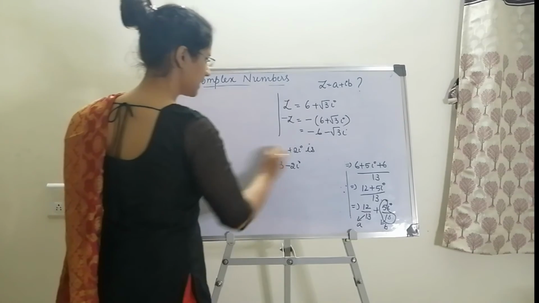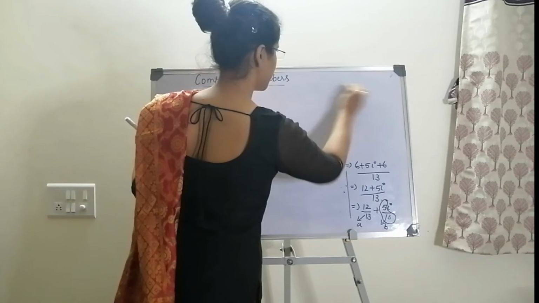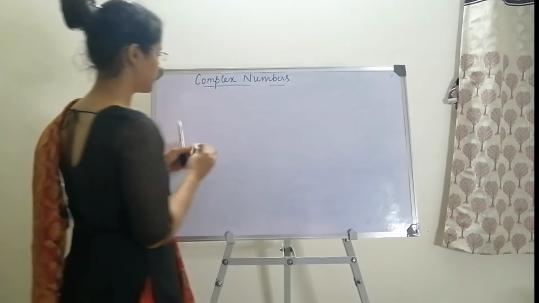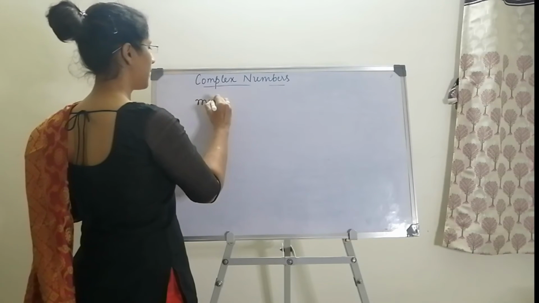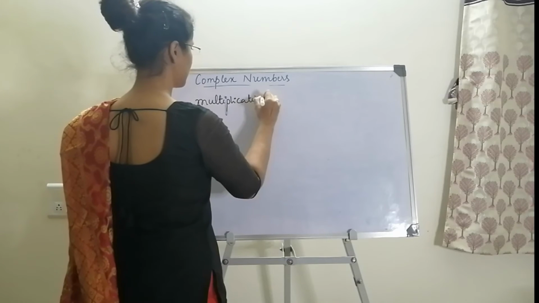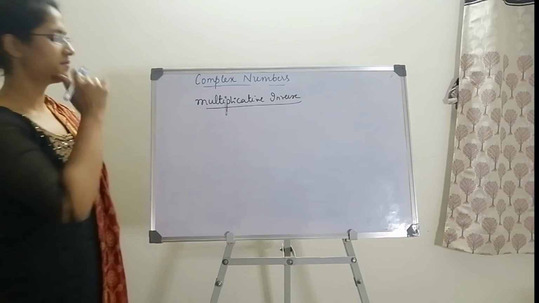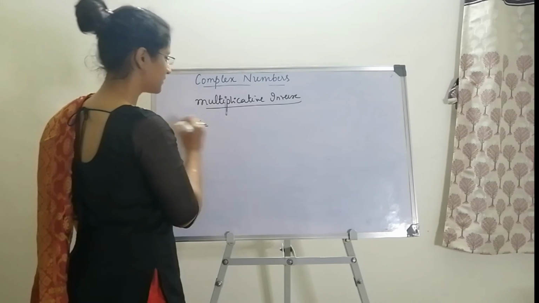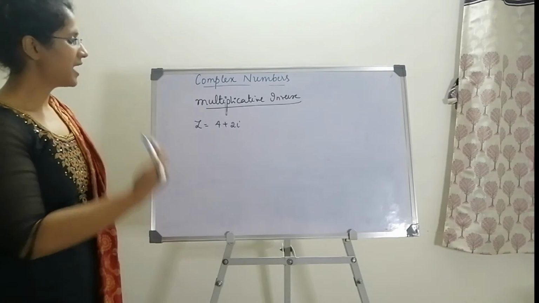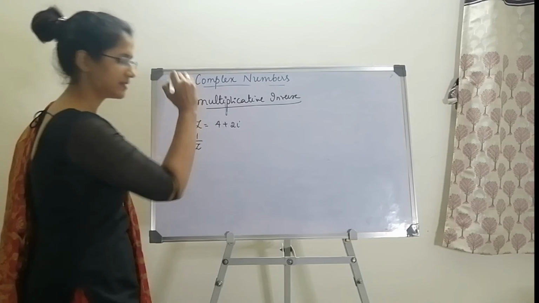Now one more bit, that is multiplicative inverse. We will finish this off and then we can start off with exercise problems. So what do you mean by multiplicative inverse? For example, if I have z is equal to 4 plus 2i, multiplicative inverse will be 1 by z.